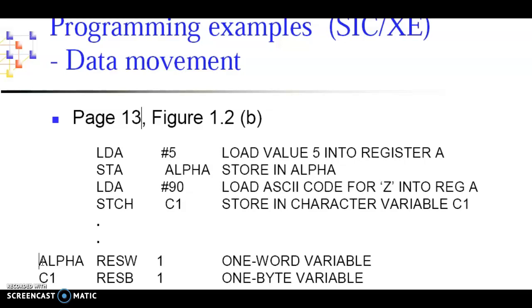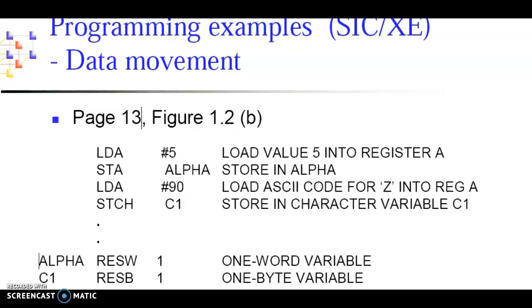a variable alpha, and some character z will be stored in the memory location C1. Alpha and C1 will be memory variables; alpha is reserved for storing one word, and C1 is reserved for storing 1 byte.